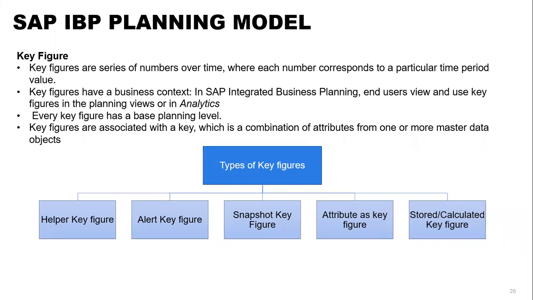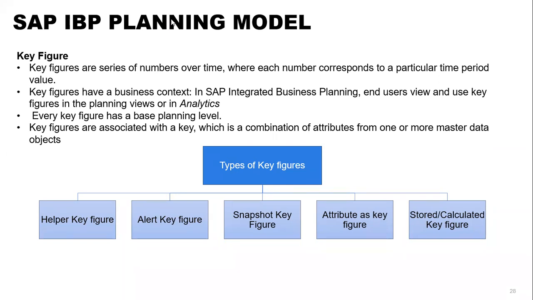Yes, auxiliary key figure. We can link it if we want to link it to APO. If you want to break down big calculations into small things, you define the calculations in this key figure, and you use it wherever you want. Likewise. Okay, thank you.